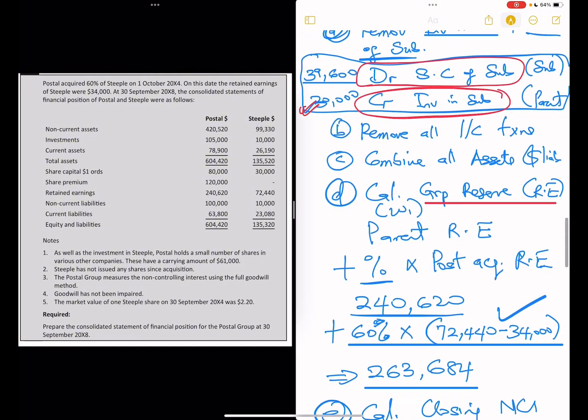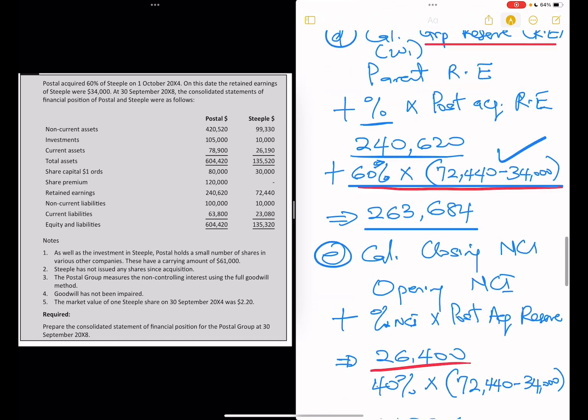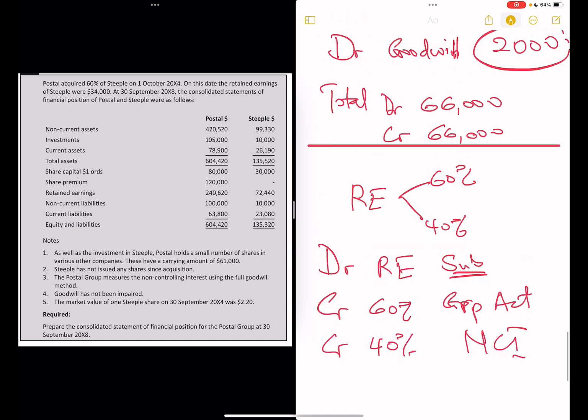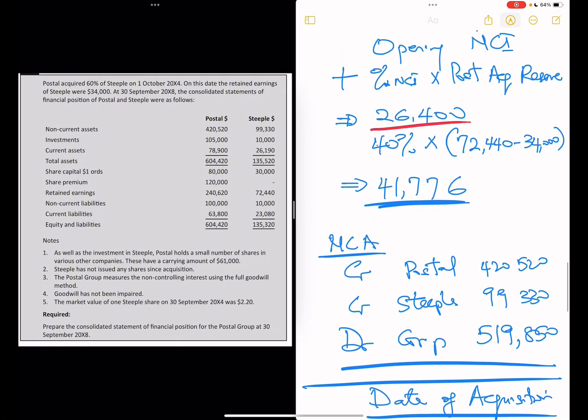Yeah, that's what we did. We've credited 60%. So you're saying credit 60% to group account and credit 40% to NCI. That's how you got your closing NCI here. Yeah, this is the remaining credit.